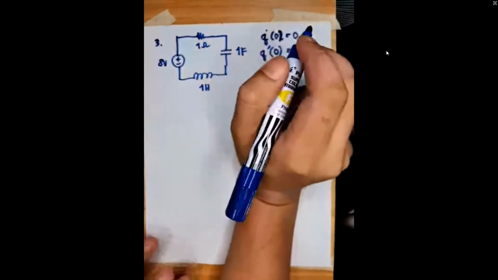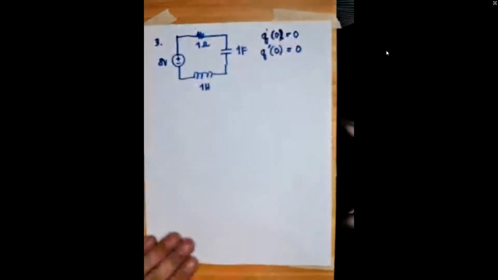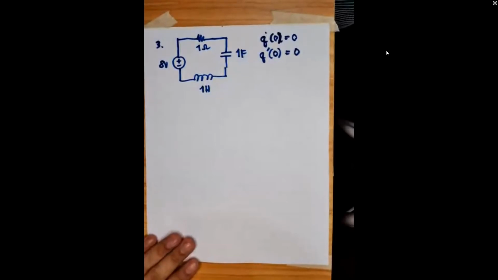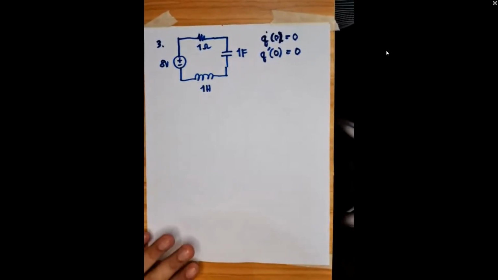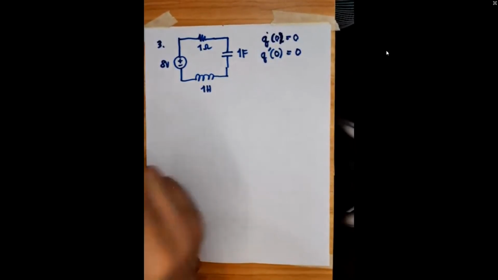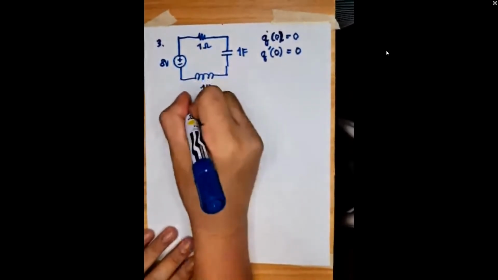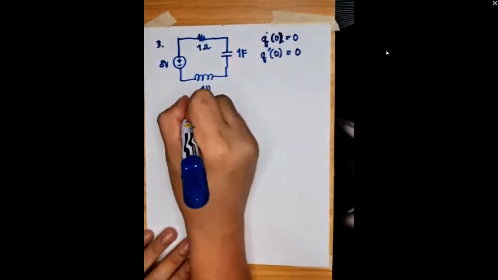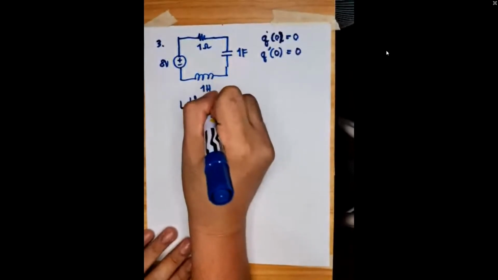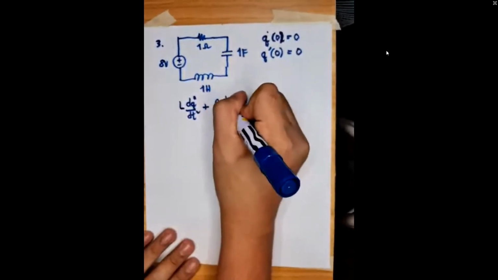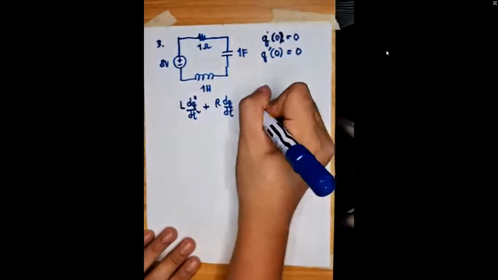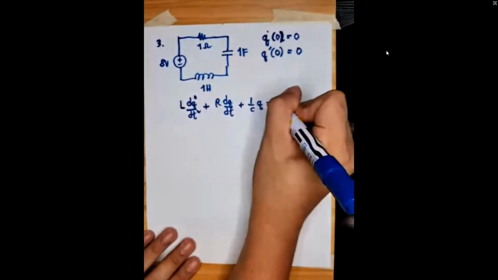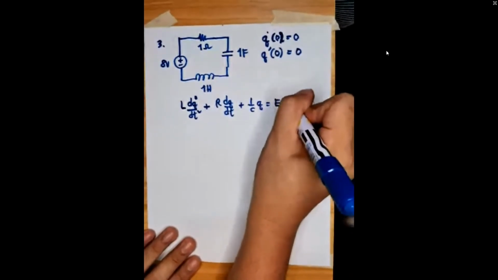Okay? Since RLC ito, so we will go back to yung formula natin kanina. Since RLC yan, so pupunta tayo dun sa L d squared q over dt squared plus R dq over dt plus 1 over C q is equal to V.